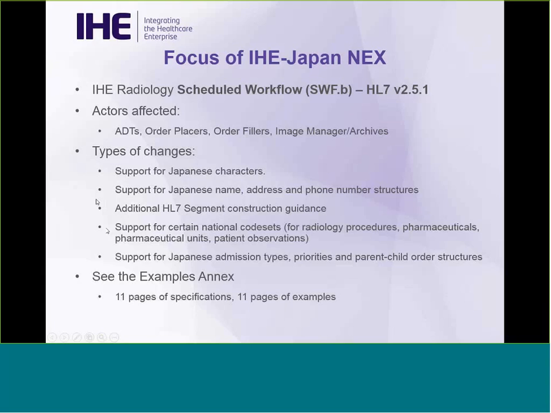So these exist within the HL7 messages. It's just IHE typically leaves it wide open, use whatever code set you'd like. Japan has started to converge on particular code sets. There's also some details about supporting certain Japanese admission types, priorities, and parent-child order structures for more complex radiology orders.